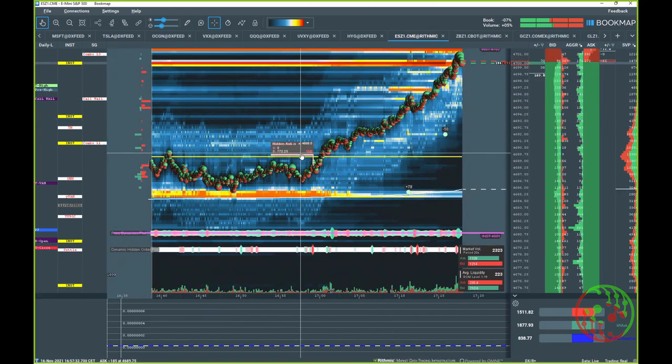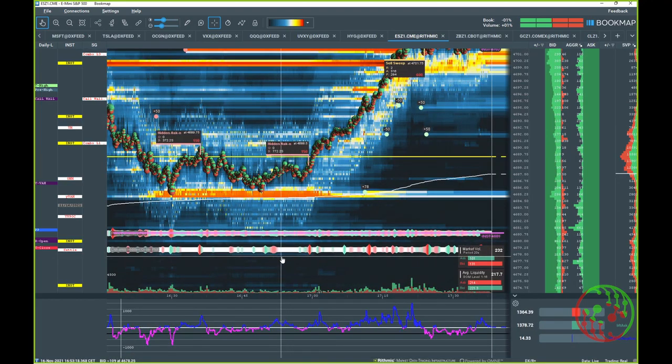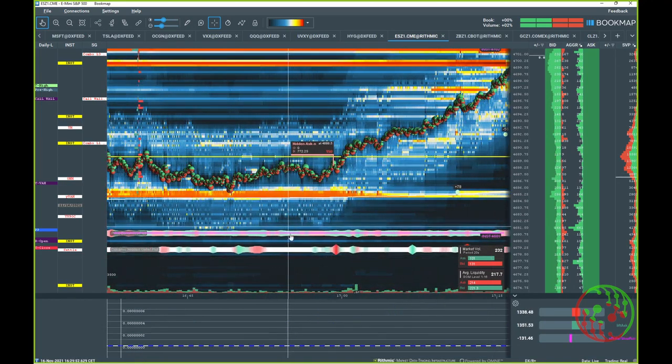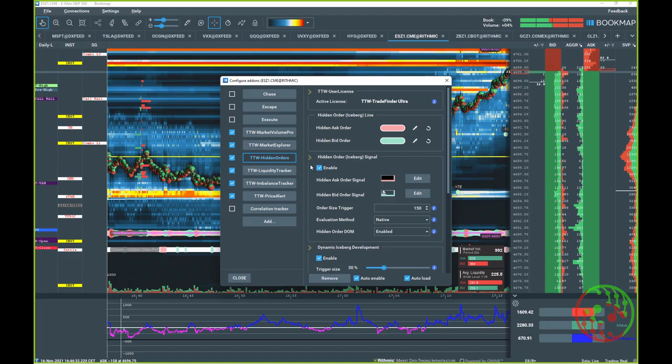That was a native iceberg order in the book. There have been other orders in the book as well, here and here, but I'm filtering. I'm looking for big orders, so we can drill them down.